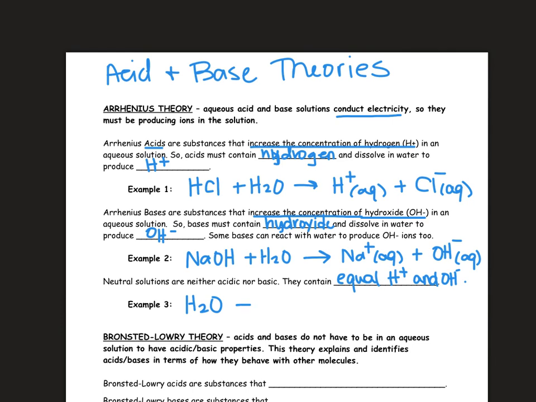When that happens, your water breaks into a hydrogen ion and a hydroxide ion. It's a very small percentage of your water that does that. That's why it's considered neutral, because if I have equal hydrogens and hydroxides, then I don't have more of one or the other, and they balance each other out.